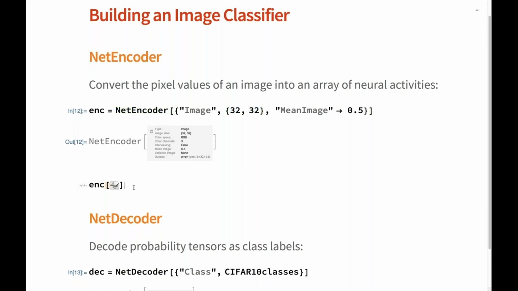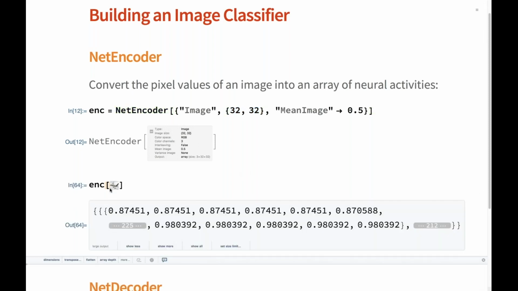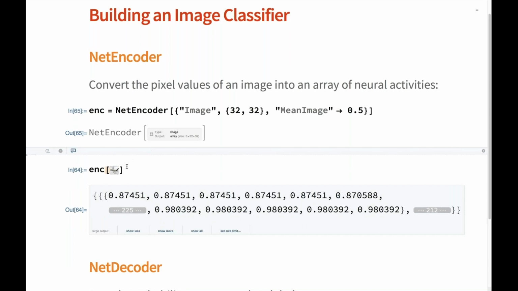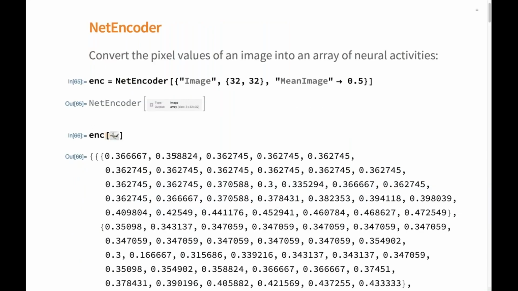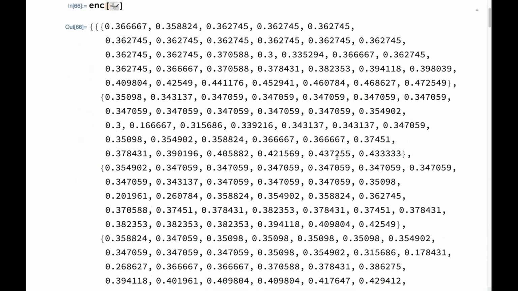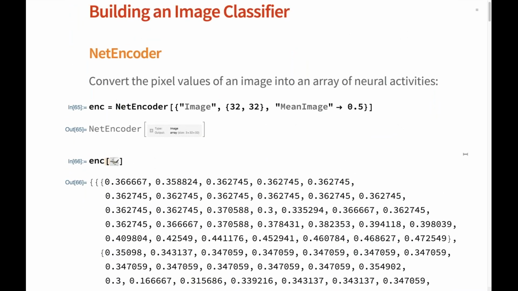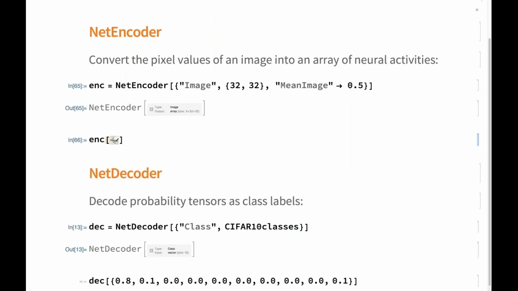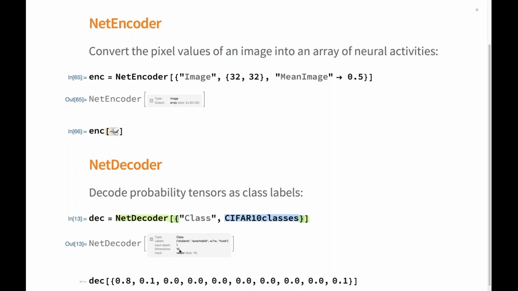We can also pass it a picture over here and see that it has been converted into an output. I can see it is a 32 by 32 array, which I can now feed into my system. Similarly, I can define a net decoder, which will have the classes, these 10 classes, so my vector size will be 10.